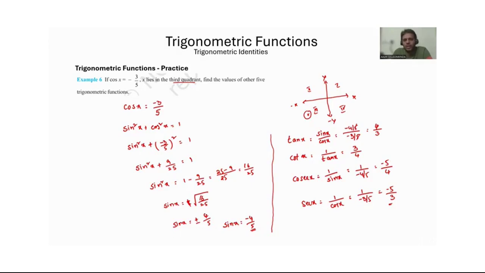So here sin x, I must take minus 4 by 5, because in the third quadrant, the sin x value is negative, because the y value is negative. If I take a positive value, all the answers will go wrong. So hope you understood how to solve if you know one trigonometric ratio, how to find the others.